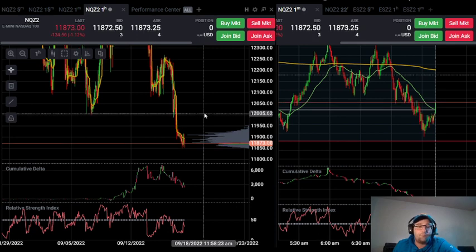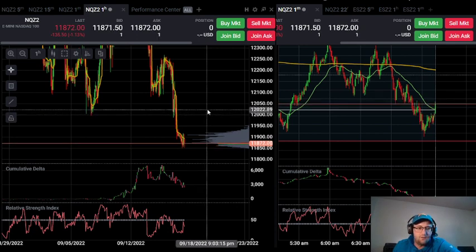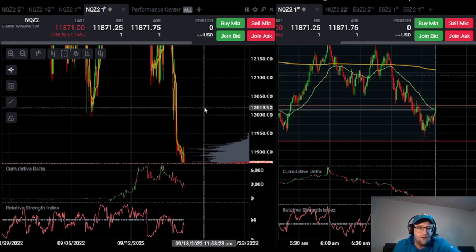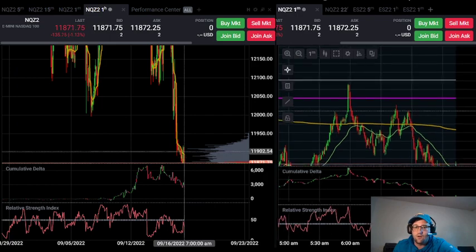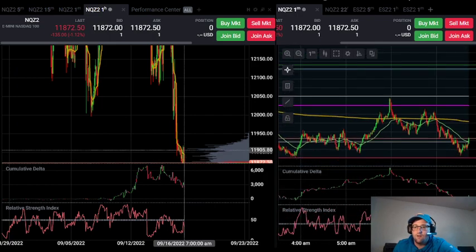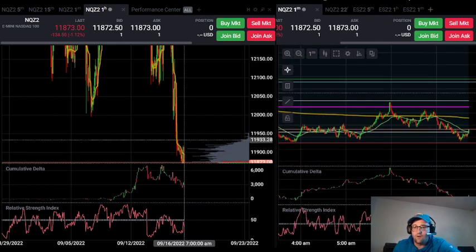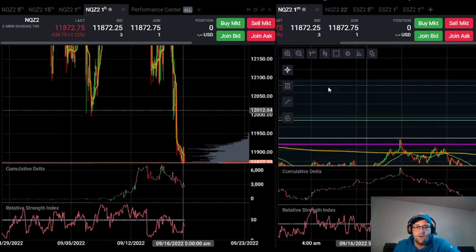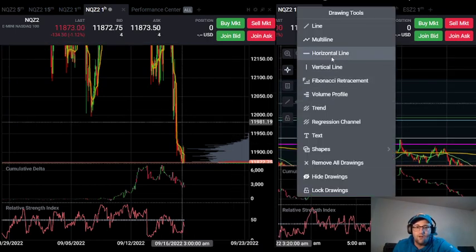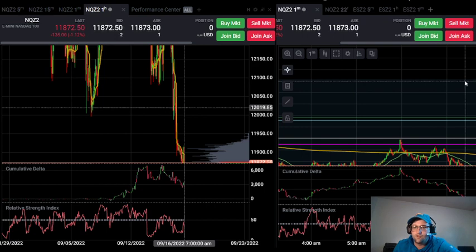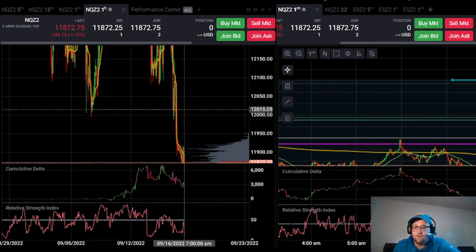All right, let me knock this out really quick. So one level we're looking at about here. We're looking at about 1220. So we're gonna come up here. Oh, this shit's gonna be real spread out this morning. And I'm just gonna take a horizontal line straight to 1220. We're just gonna do that.